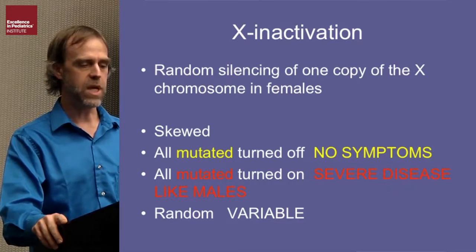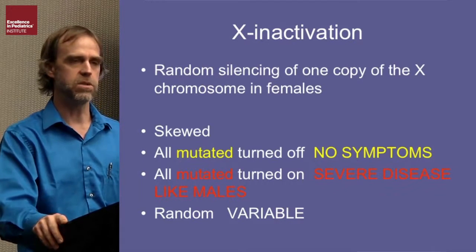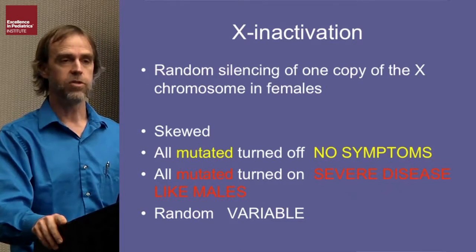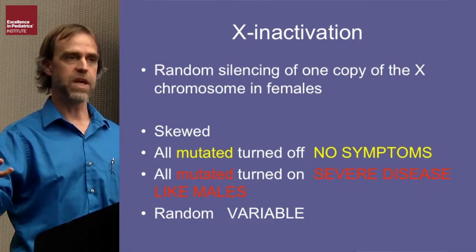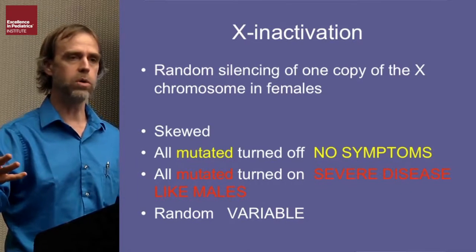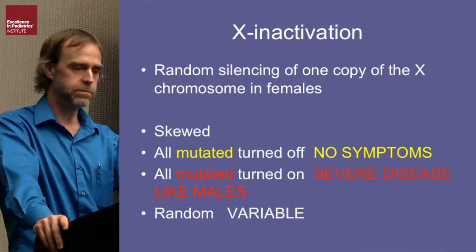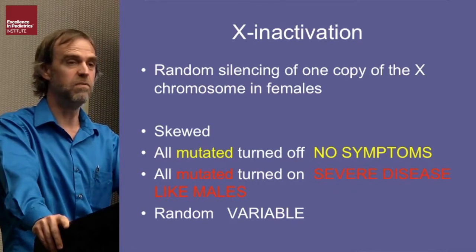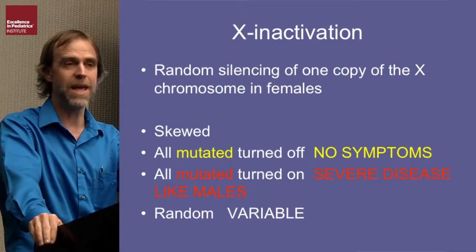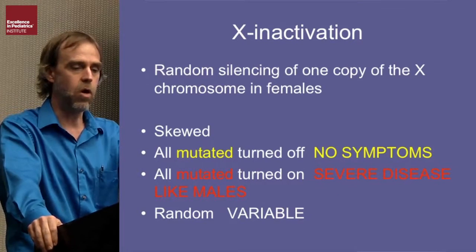If the mutated copy is turned off, so that the active copy of the X chromosome has only the normal copy, those women are very fortunate, and they will usually have no problems at all related to Fabry disease.